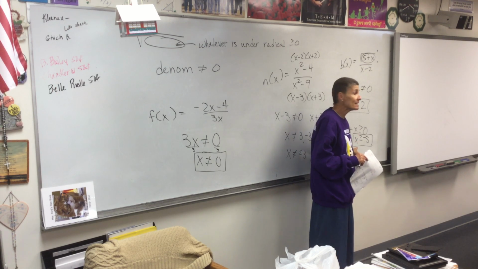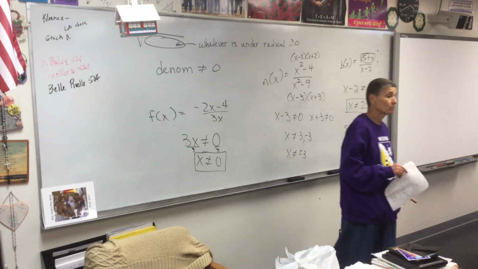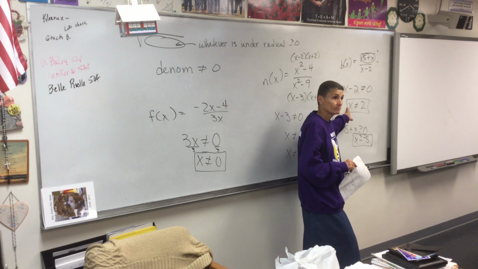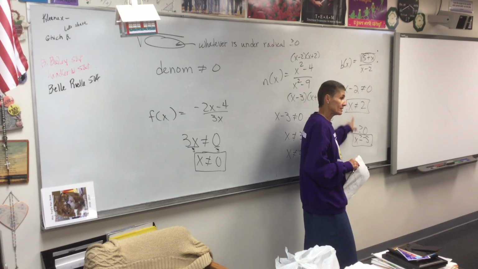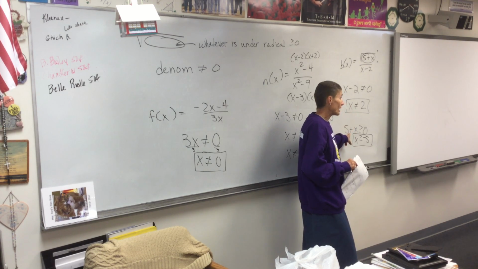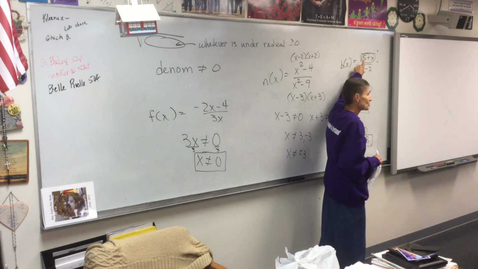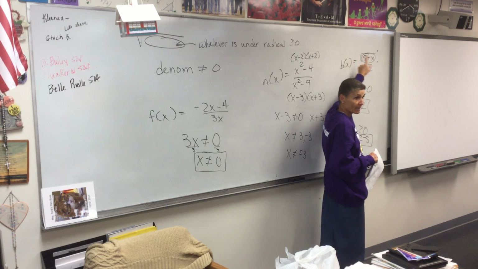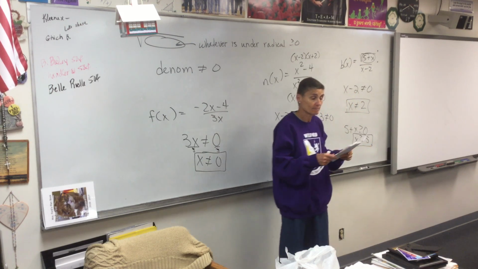I can pick any number I want that's bigger than or equal to negative 5 except 2. So you're going to write both of these down. And why do we have 2 pieces to this answer? Because we had 2 issues. We had a denominator that we had to take care of, and we have a radical that we had to take care of.